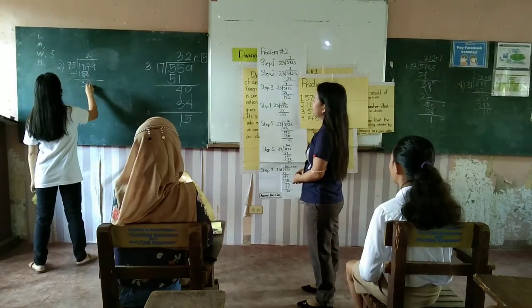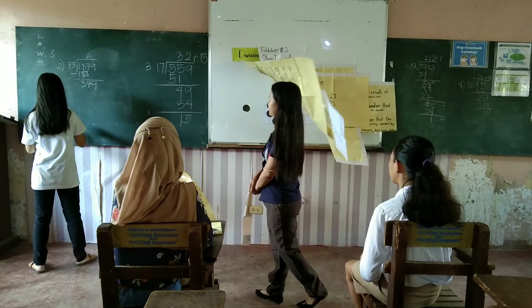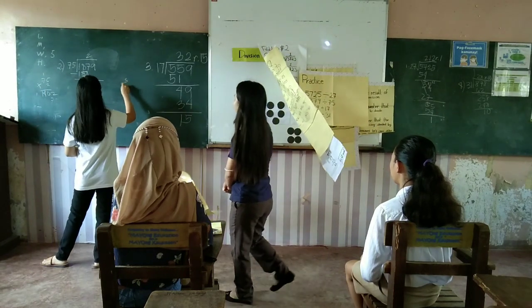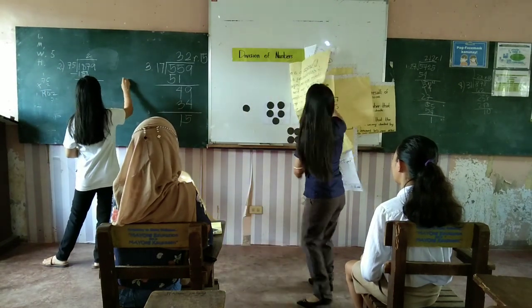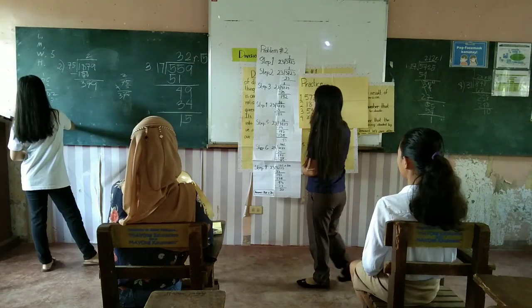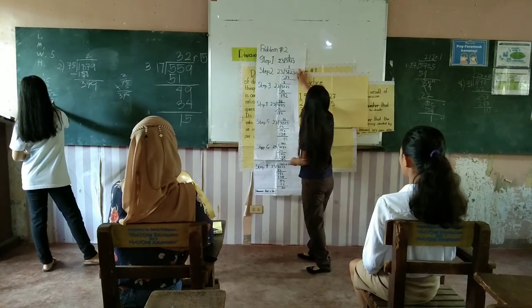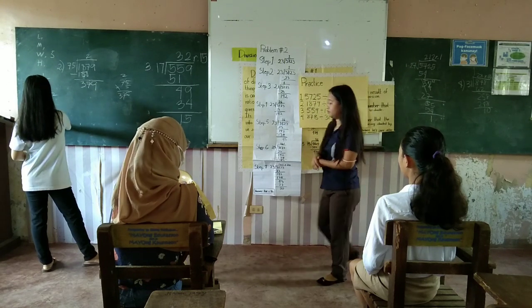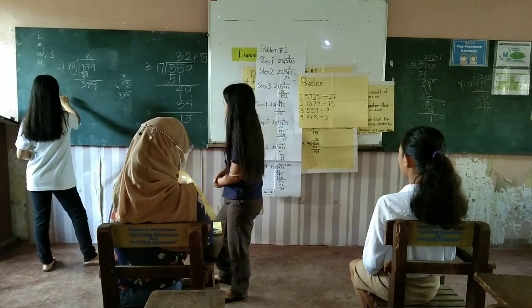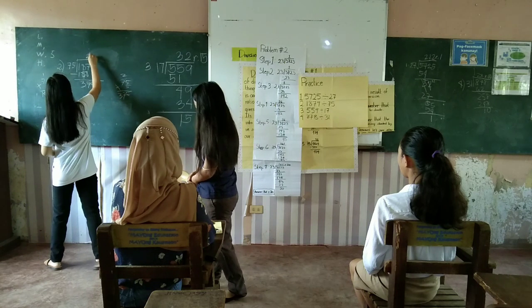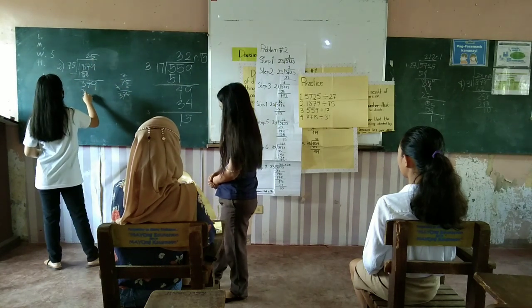Go. 7, 9. Tama ba? Uy, nagdali lang yung ano. Ilom na. 5 times 7, 35. Mag-remainder ka.